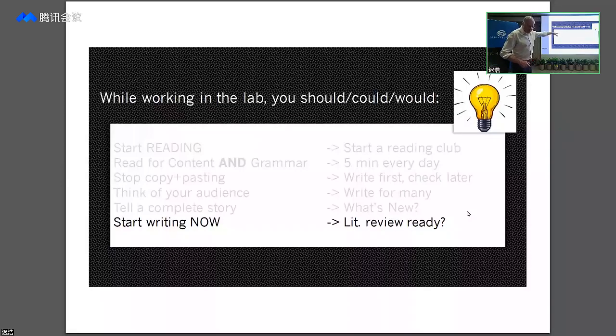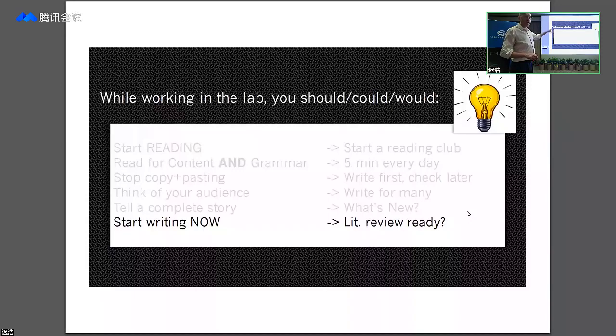Now, some of you may have been asked to write a literature review right now. Please go to your supervisor this afternoon, send him a WeChat message, say, hey boss, can I write my literature review in English? I do not want to translate from English into Chinese, and then from Chinese translate into English again when I write my own paper. Can I just write it in English?